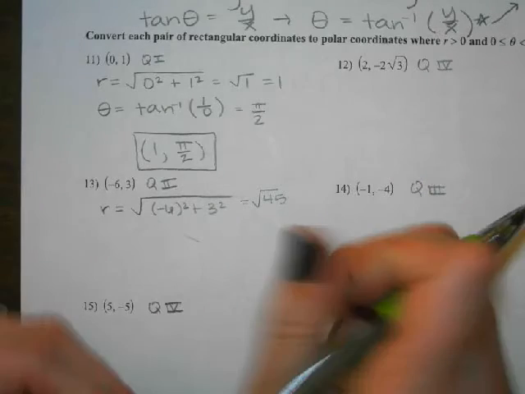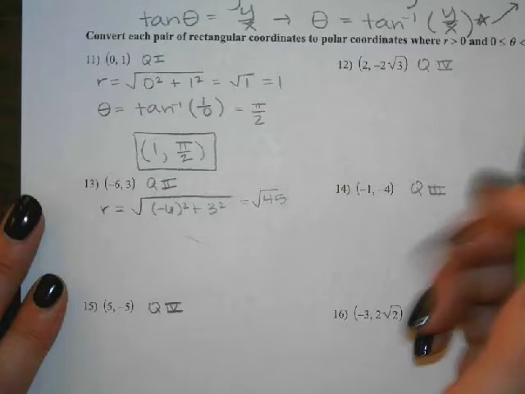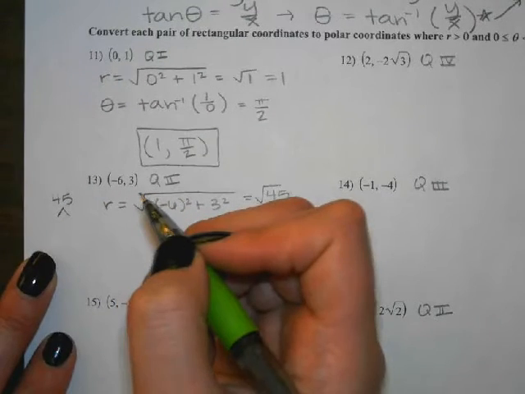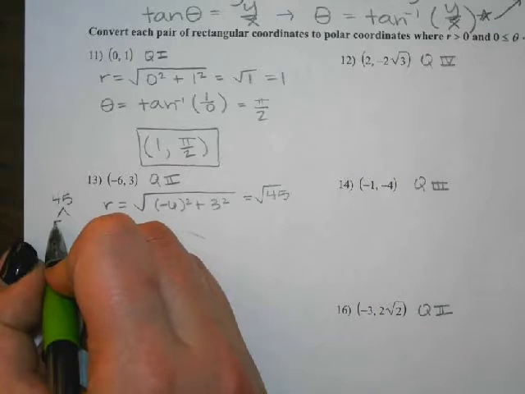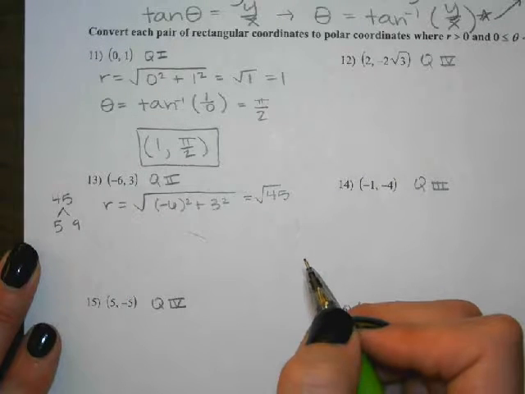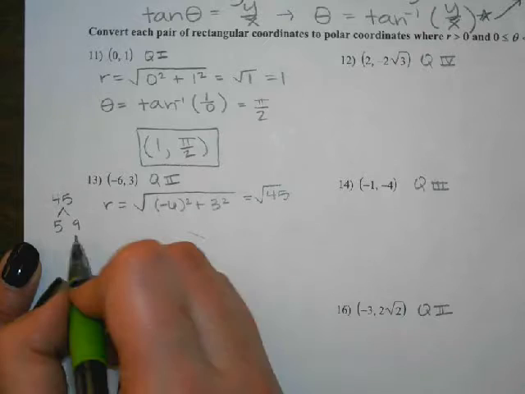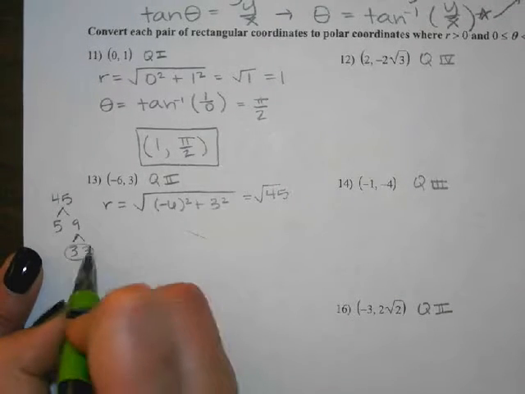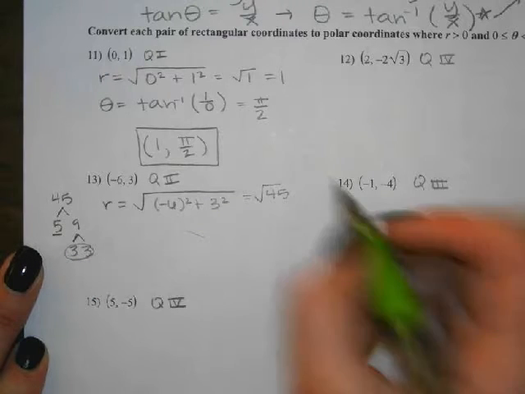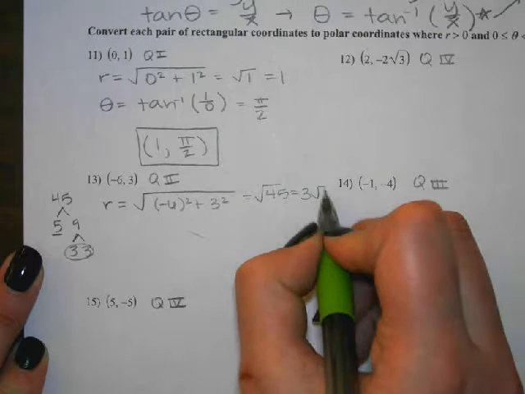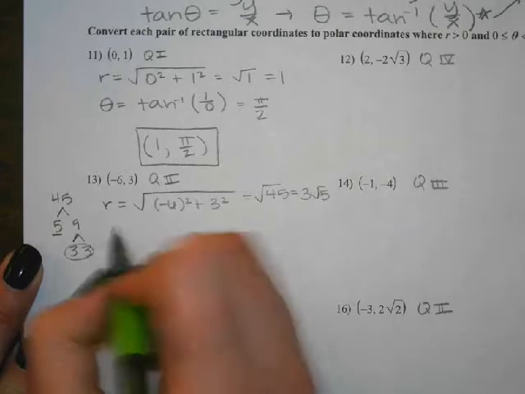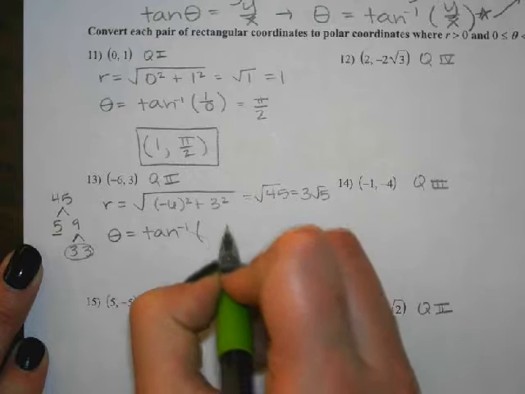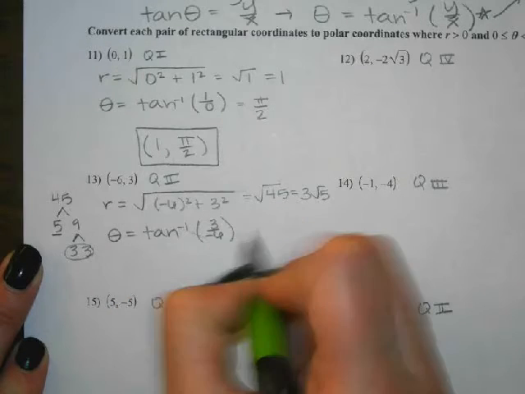Well, it's not a perfect square, but you can simplify it. So 45 is 5 times 9, right? And then 9 is 3 times 3. So we have a pair of 3's and a leftover 5, which is why we know it's 3 square root 5. Okay? Now, I've got theta equals tan inverse of 3 divided by negative 6.